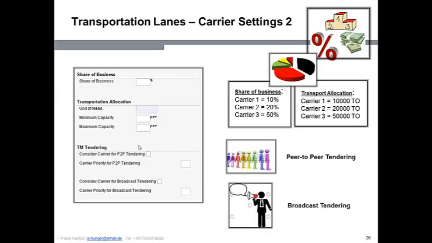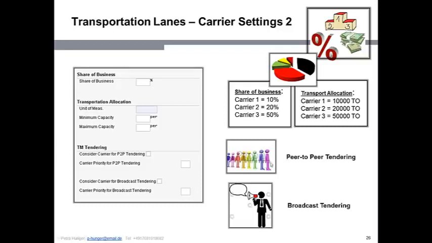So let's say we are using the tendering and we want to send that data that we have on the freight order to those carriers. Then we have to say here which way we are tendering. We distinguish here two ways of tendering. One is the peer-to-peer tendering, and you can see here the carriers are waiting in line, like the English people in front of the bus line.